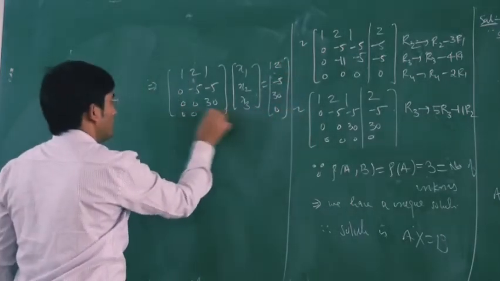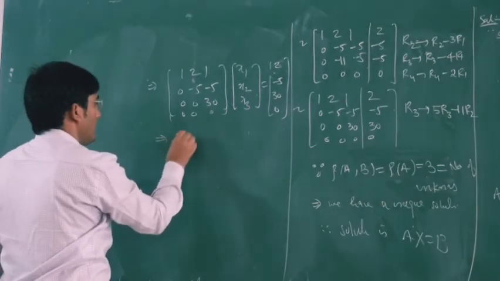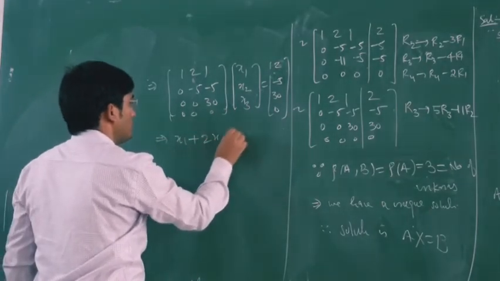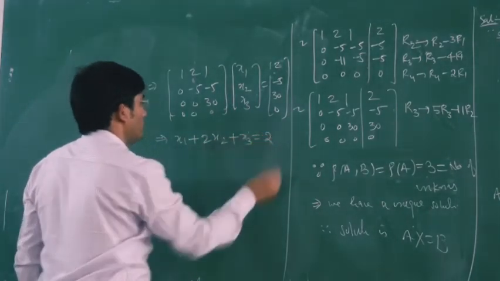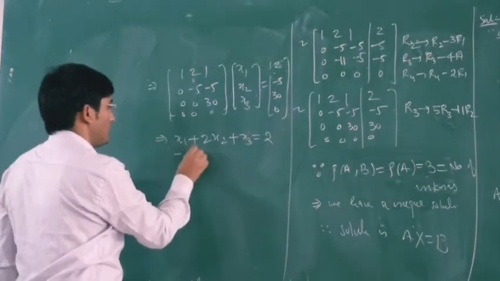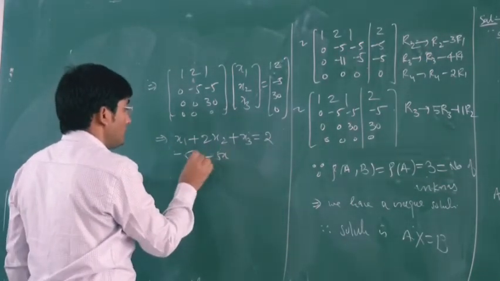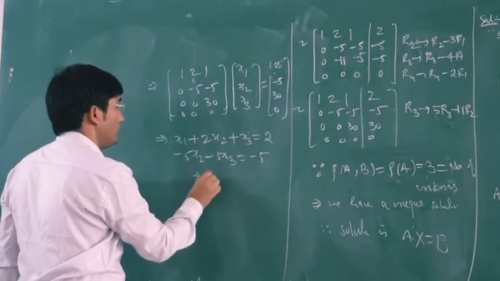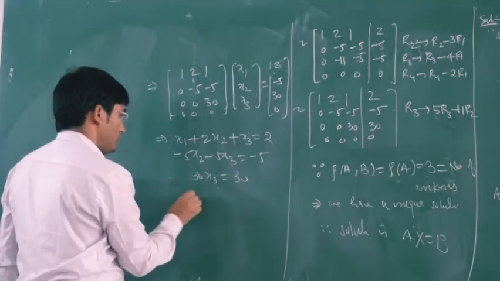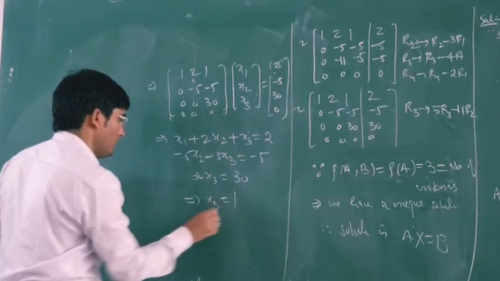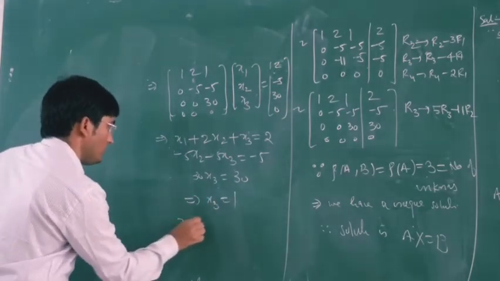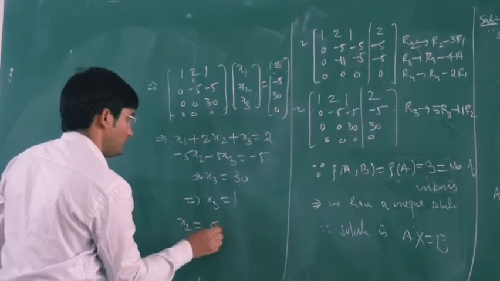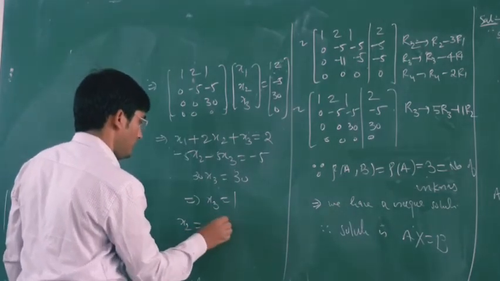So on solving we will get x1 plus 2x2 plus x3 equal to 2. Then minus 5x2 minus 5x3 equal to minus 5, and then 30x3 equal to 30. So your x3 is 1 and your x2 will be 5 minus 5 of x3.